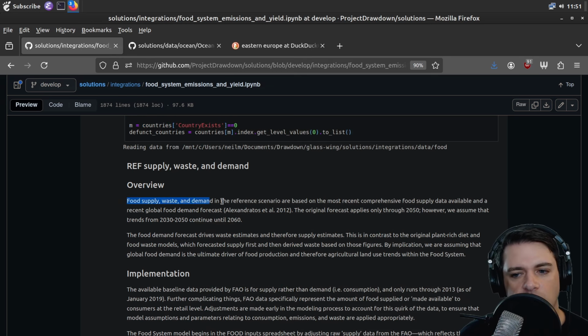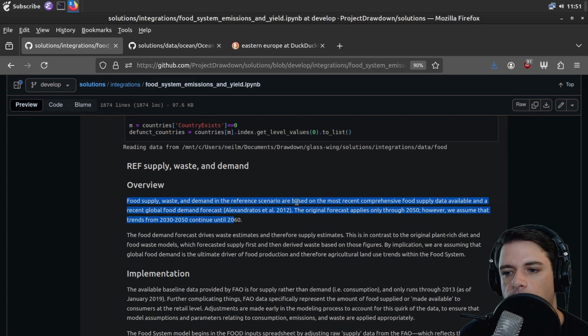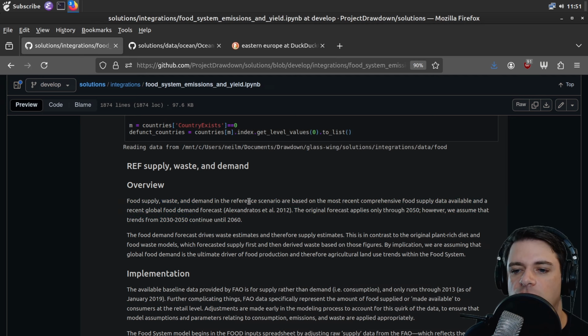Food supply, waste, and demand in the reference scenario are based on the most recent comprehensive food supply data available in a recent global food demand forecast from Alexandratos et al. in 2012. That may have changed significantly. First of all, the climate has changed significantly. Second of all, we had the pandemic. I don't know globally how many people died.